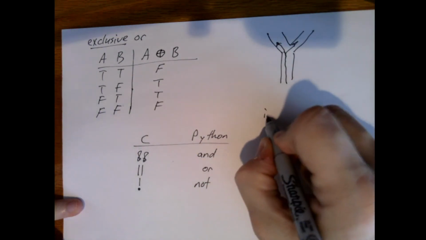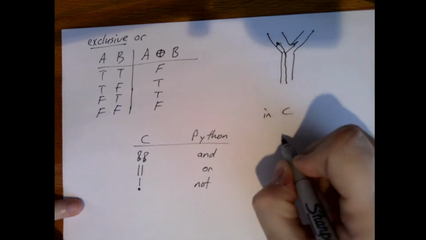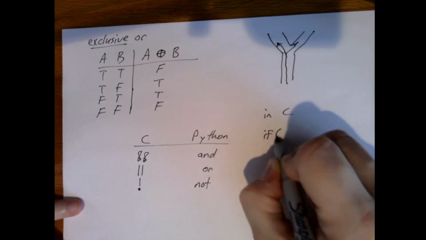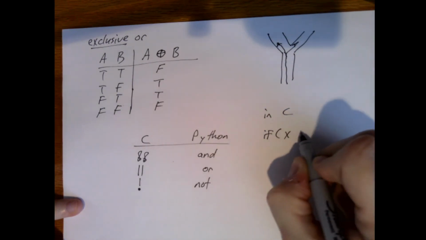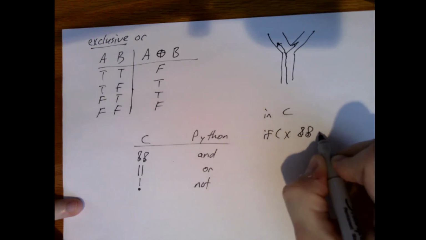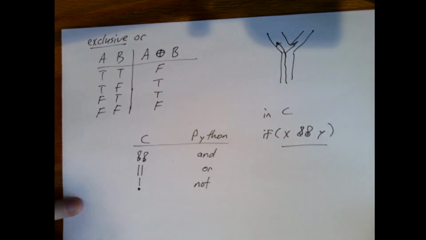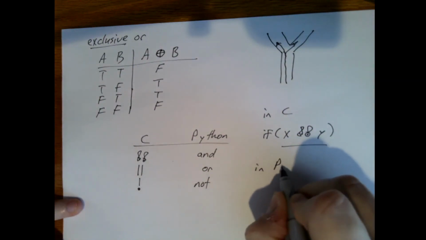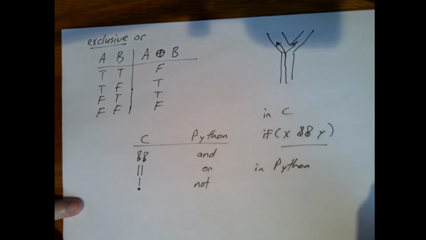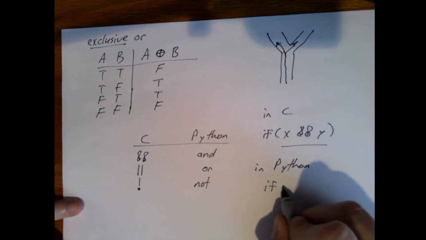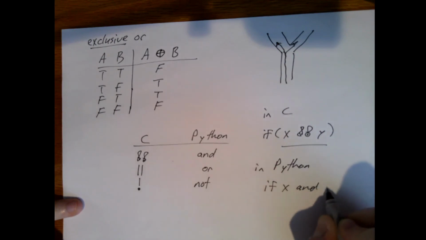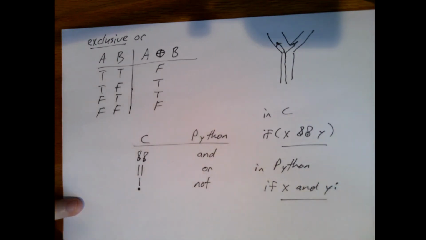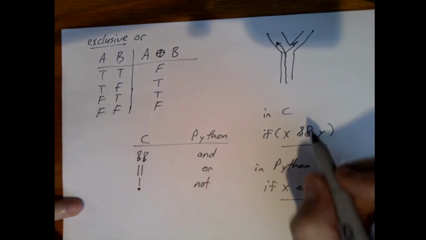In C, like we said earlier, you might have something like this. You might say if X and Y, then do something. In Python, this would be if X and Y colon, then do something. Or we could use or.